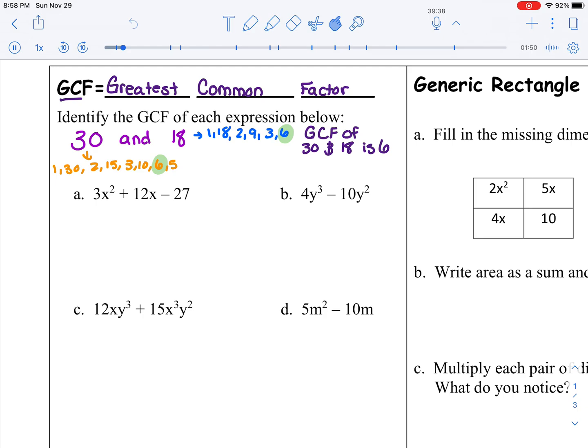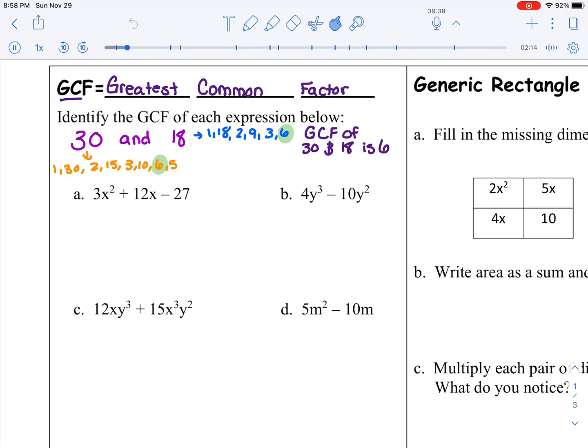Now I'm going to do something similar for my polynomial expressions, or just any expression that I have. But I have to look at the variables and the numbers separately. So let's look at what I have. In part A, we have 3x squared plus 12x minus 27.